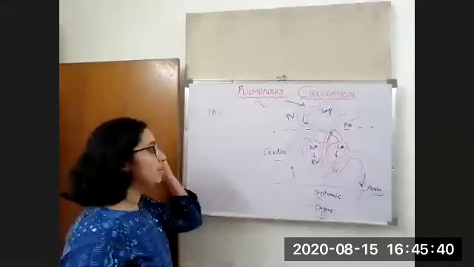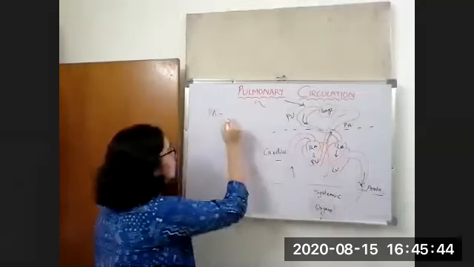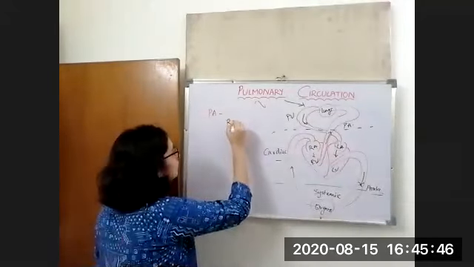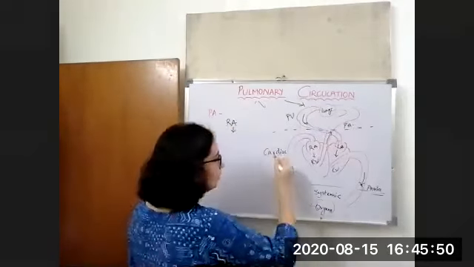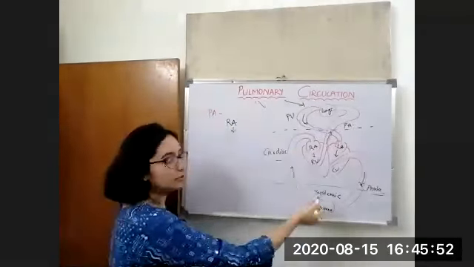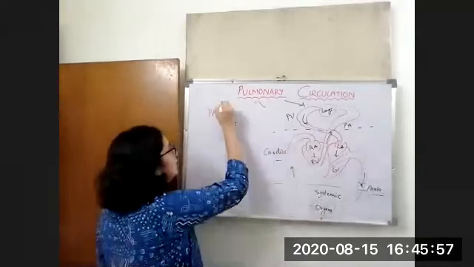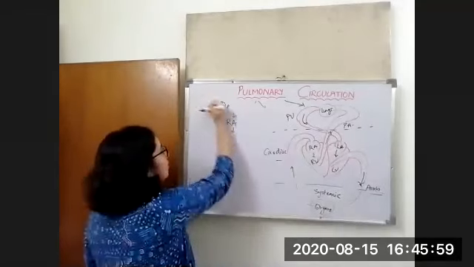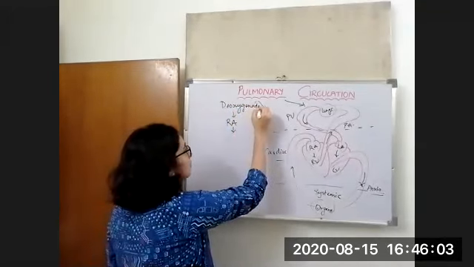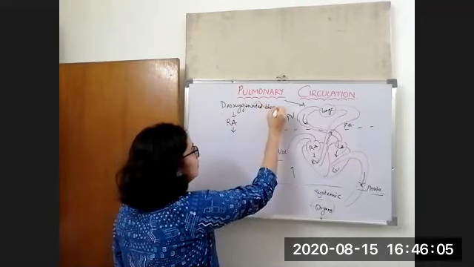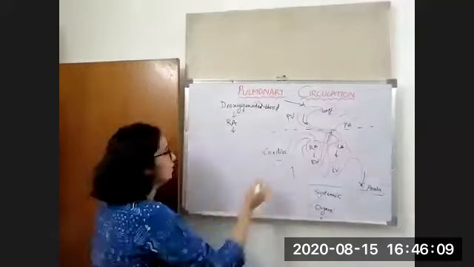So, what we'll see now is from here, the right atrium. The deoxygenated blood which is coming from the systemic circulation is draining into the right atrium.